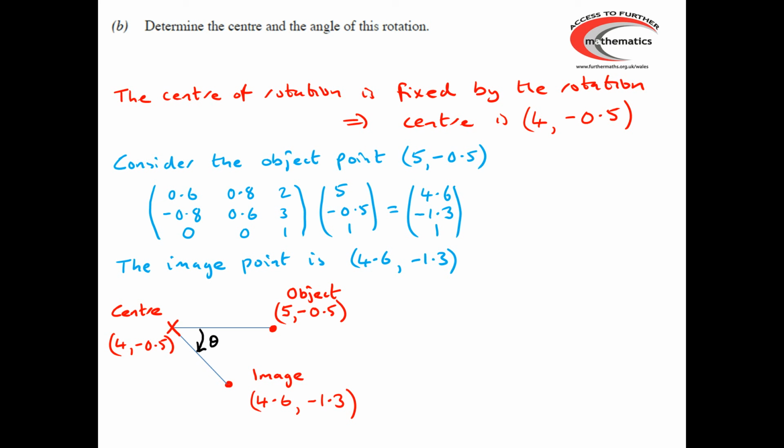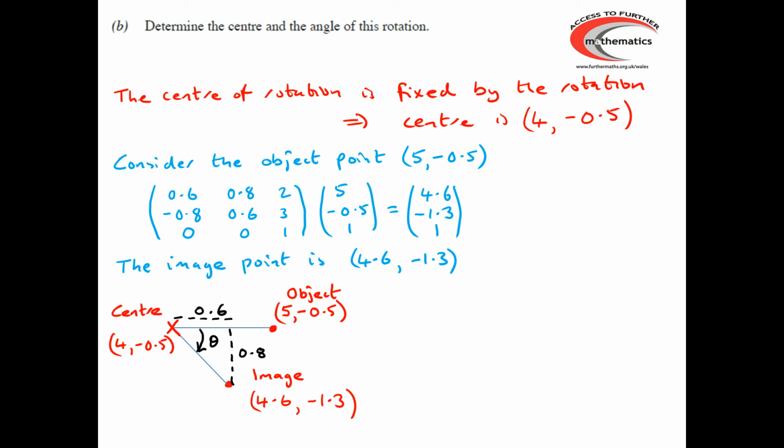And we can see from our sketch that we have done a clockwise rotation of angle theta. Looking at the coordinates of the centre of the rotation and the image point, we can see that the image point is 0.8 units below the centre, and that the image point is 0.6 units to the right of the centre point.